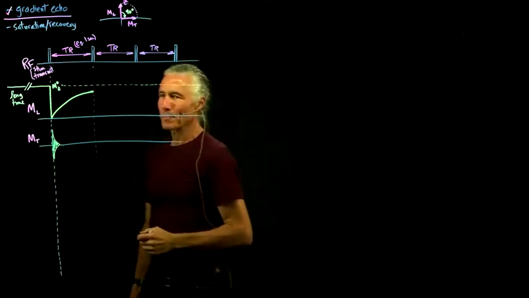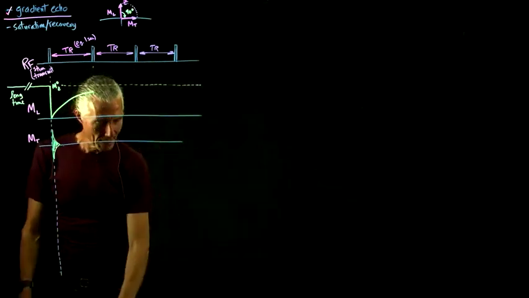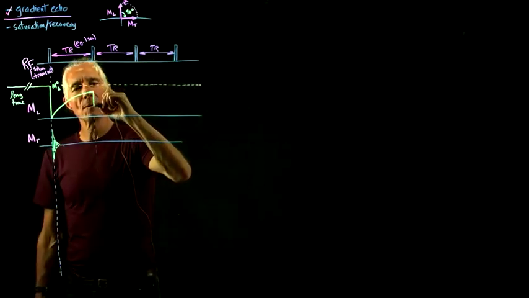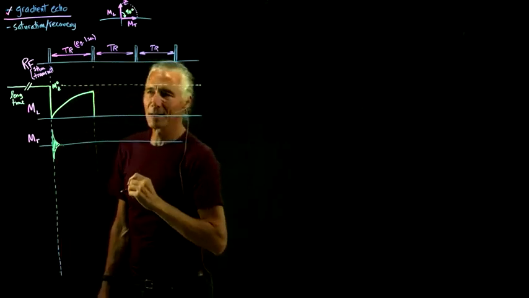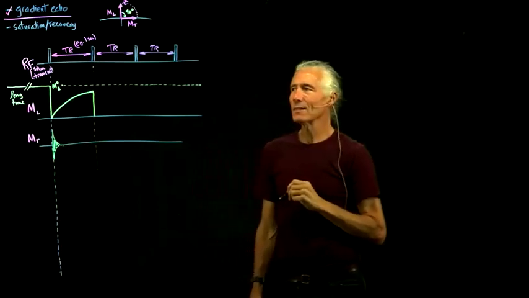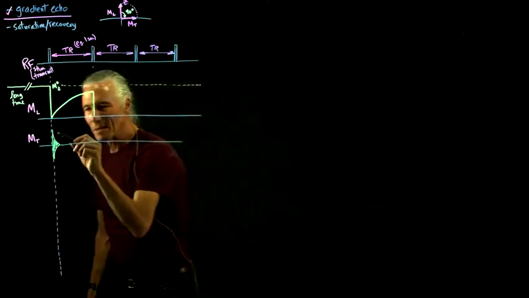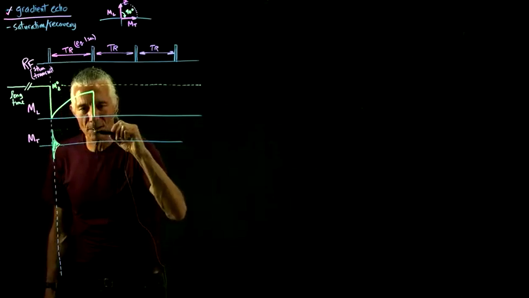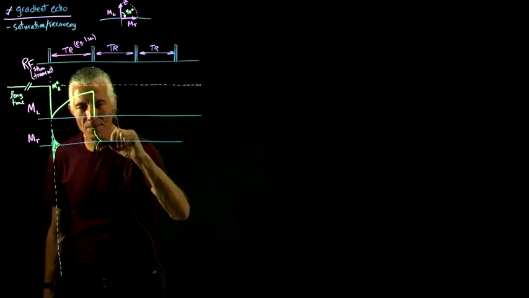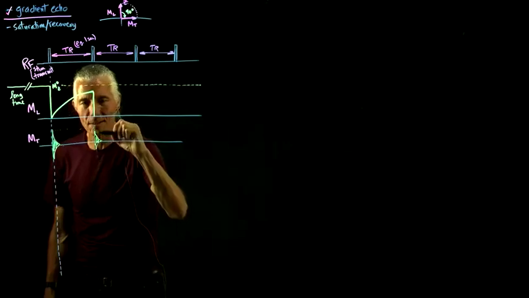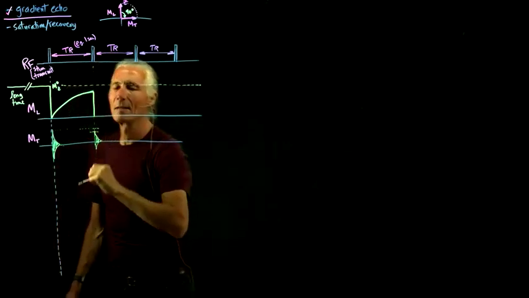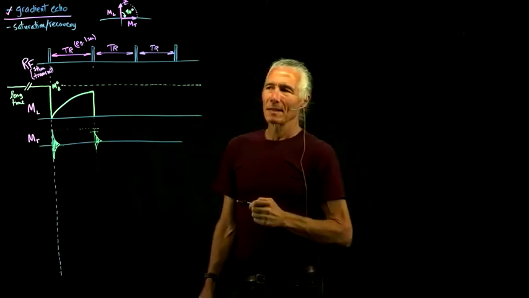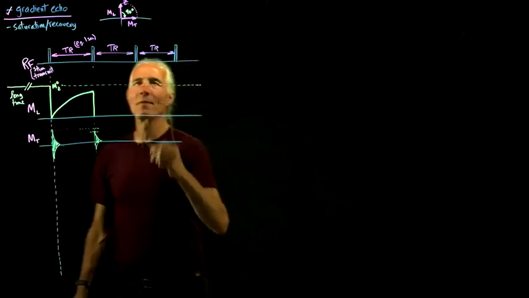So now we do another RF pulse and slam it back down. What's going to happen? If we look over here, there's going to be a slightly smaller signal coming out. I exaggerate the difference, but it's slightly smaller because we started off with less longitudinal magnetization.